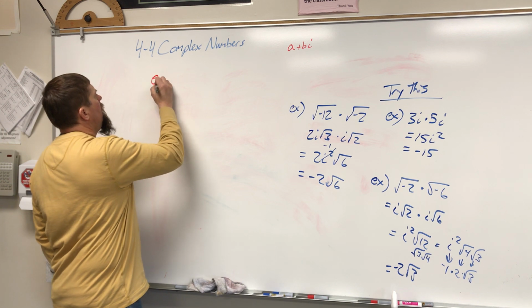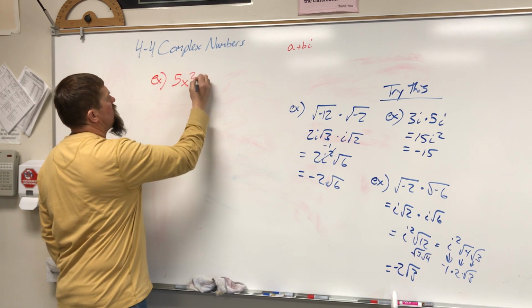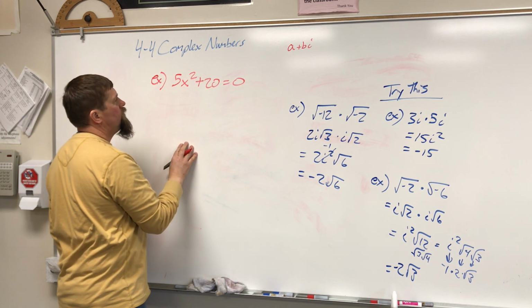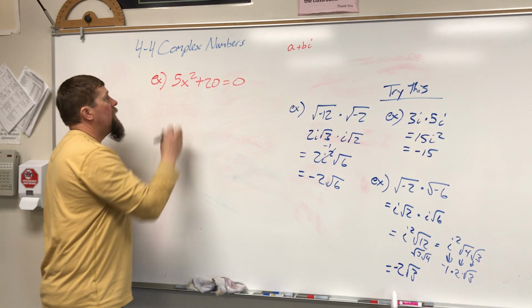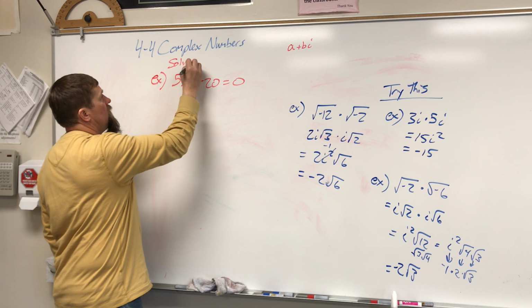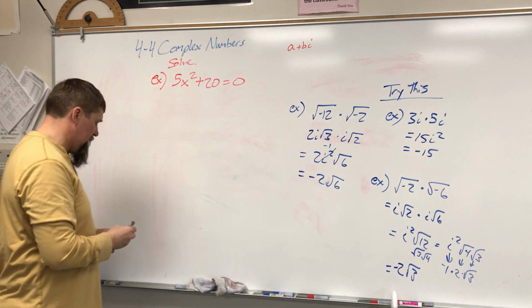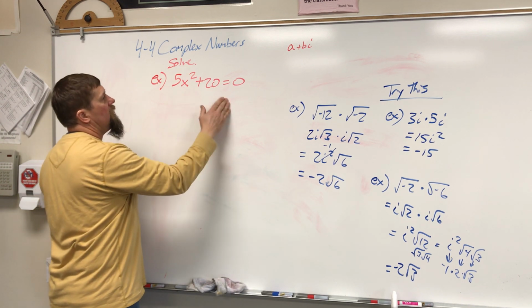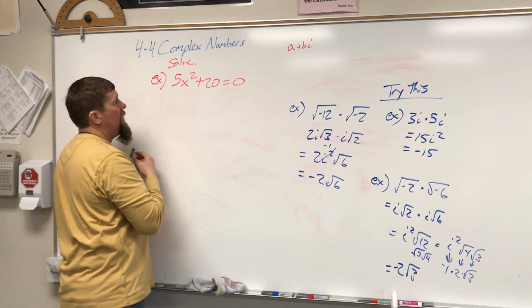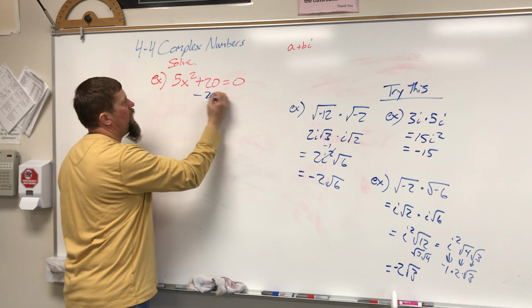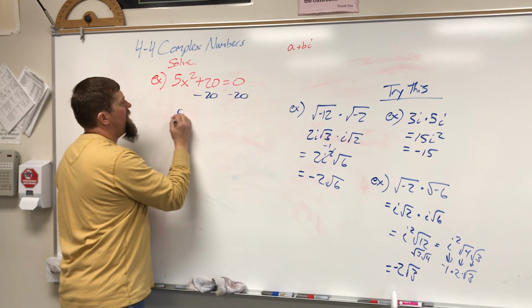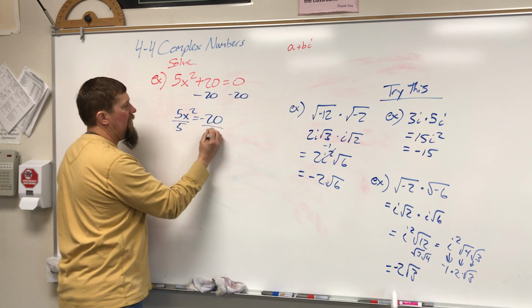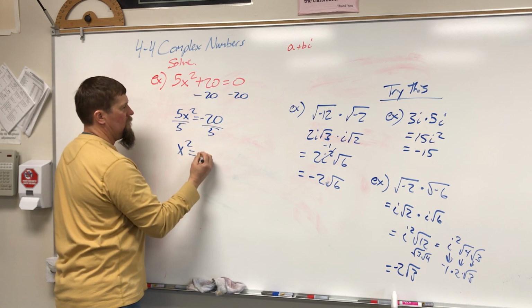So if you recall, we had 5x squared plus 20 equals 0. Now, if I'm going to solve this, remember what we did was we wanted to get x squared by itself. So we subtract 20, I get 5x squared equals negative 20, divide by 5, I got x squared equals negative 4.